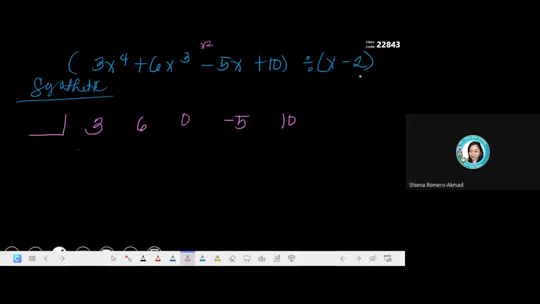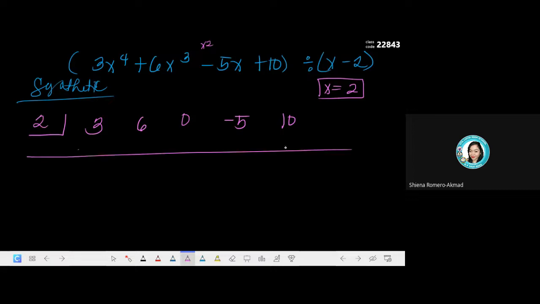Then we will divide that by positive 2. First, bring down 3. 3 times 2 is 6. You add, 12 times 2 is 24, plus 24 times 2, 48, plus 43 times 2, 86. We add that, we have 96.